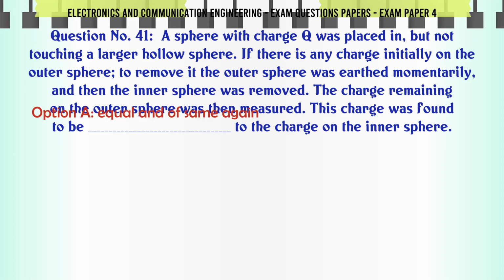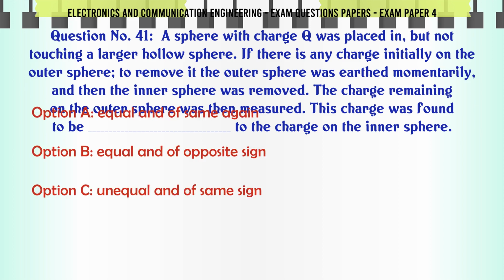A sphere with charge Q was placed in, but not touching, a larger hollow sphere. If there is any charge initially on the outer sphere, to remove it the outer sphere was earthed momentarily and then the inner sphere was removed. The charge remaining on the outer sphere was then measured. This charge was found to be ___ to the charge on the inner sphere. A. Equal and of same sign.